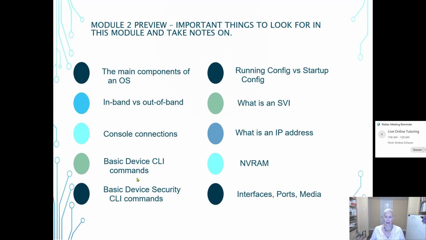What is in-band versus out-of-band? Console connections, basic device CLI commands, basic device security commands, what is the running configuration and the startup configuration, what is a switch virtual interface, what is an IP address, NVRAM, interfaces, ports, and media.